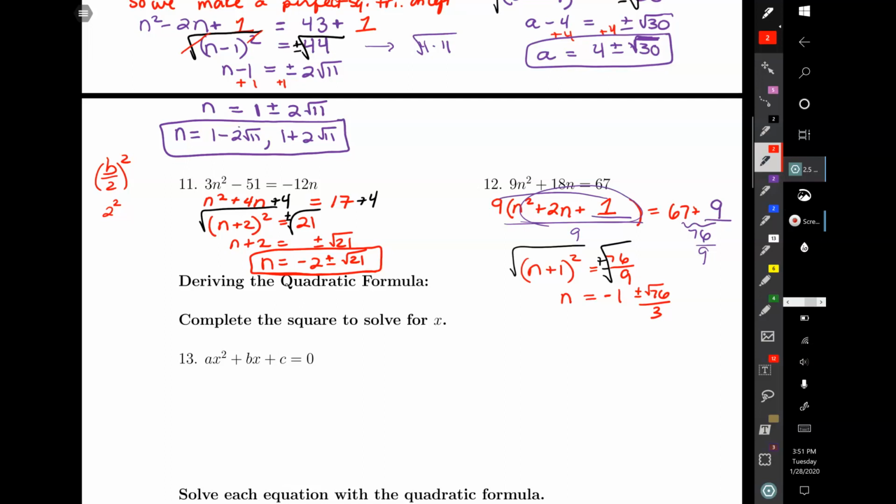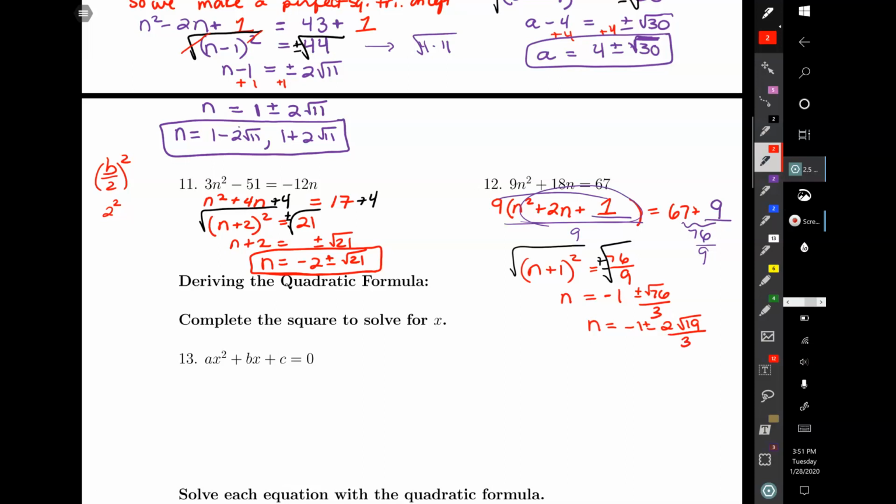Square root of 76, if you crunch the numbers, ends up being 2 square root of 19. So my final answer would be -1 plus or minus 2 square root of 19, and just that last term is over 3.